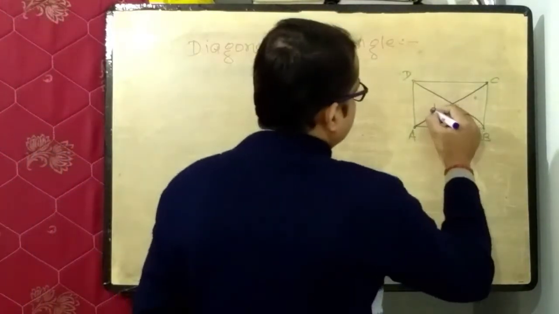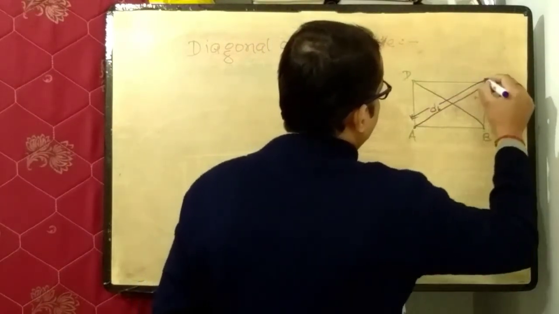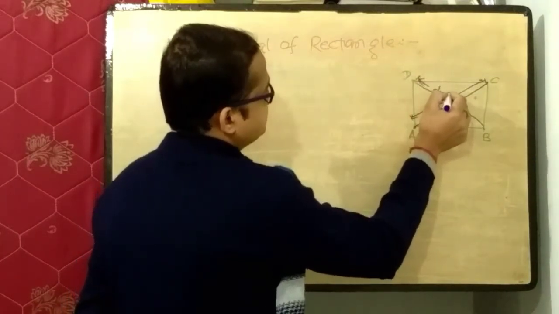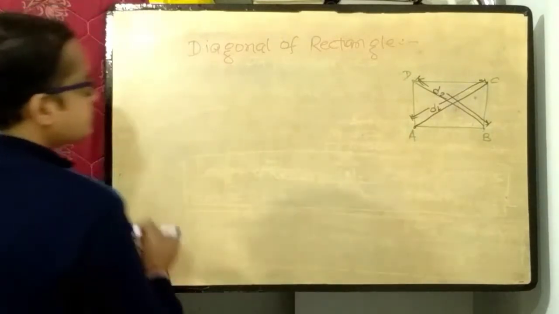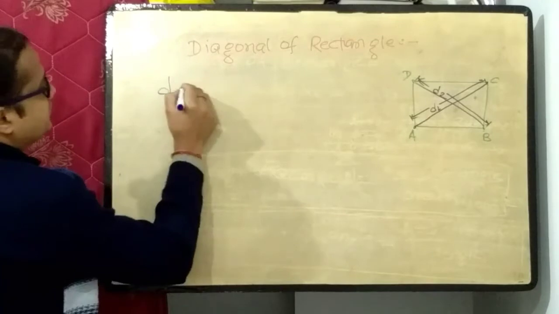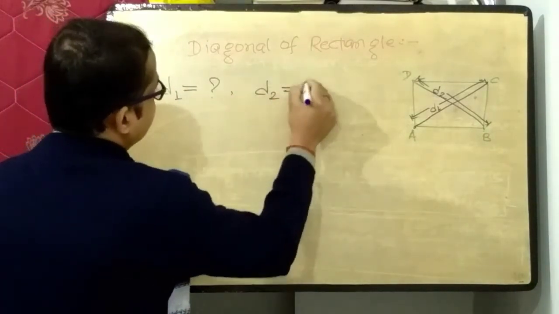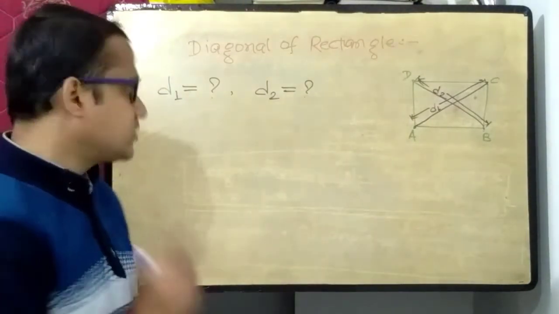Suppose the length of this diagonal is D1 and the length of this diagonal is D2. Then you have to find out what? D1 equals what and D2 equals what, and compare whether D1 is equal to D2 or not.